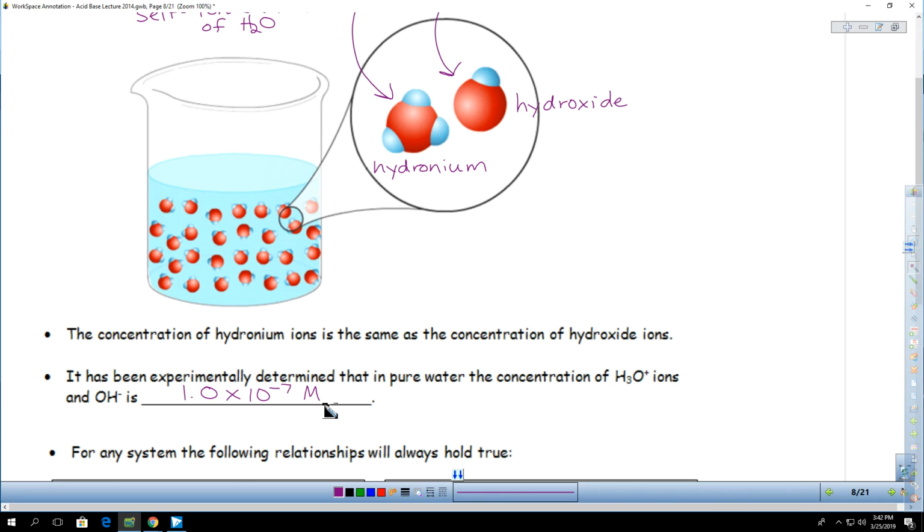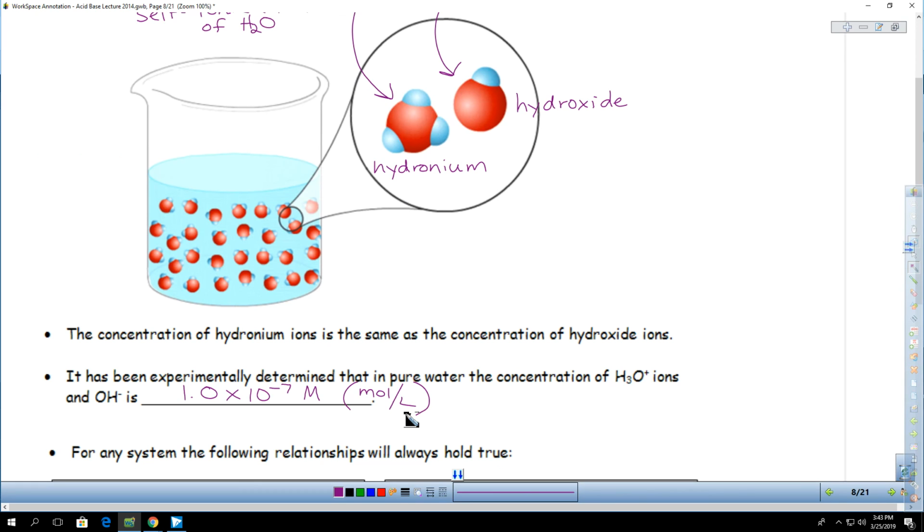It has been experimentally determined that in a sample of water, there would be 1 times 10 to the negative 7th moles per liter. If I had a liter of water, there's 1 times 10 to the negative 7th moles of H3O, or hydrogen, and hydroxide.